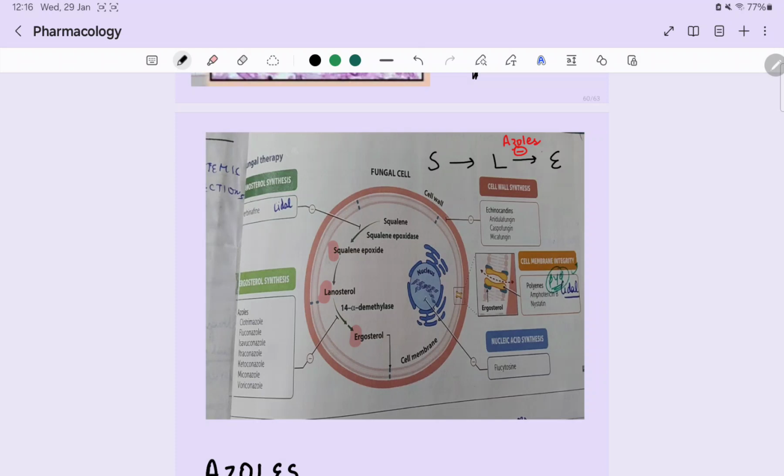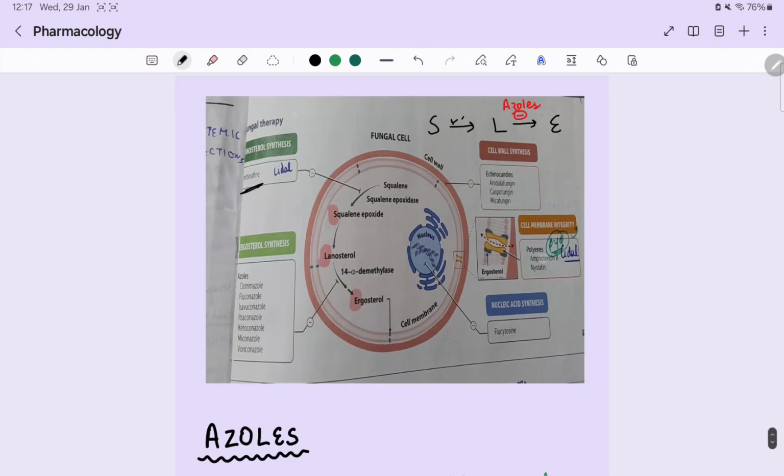You should learn it by SLE. From S to L, terbinafine is present. It is a cidal drug. It inhibits squalene epoxidase. And from L to E, that is 14 alpha demethylase. This enzyme is inhibited by all the azoles.